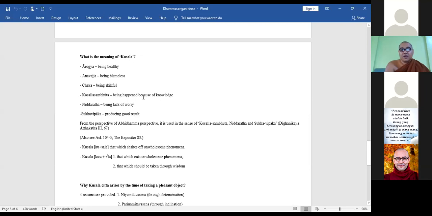There you can find this kind of definition, as well as the different definitions of the word kusala in the Atthasalini, page numbers 104, 105, as well as the Expositor, page number 83. Now this is for your homework, to read it and also to understand it.